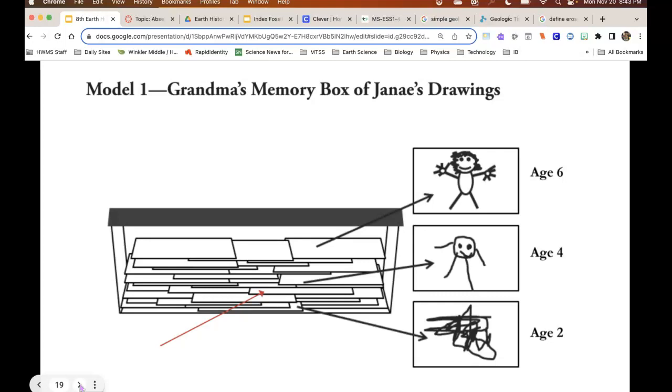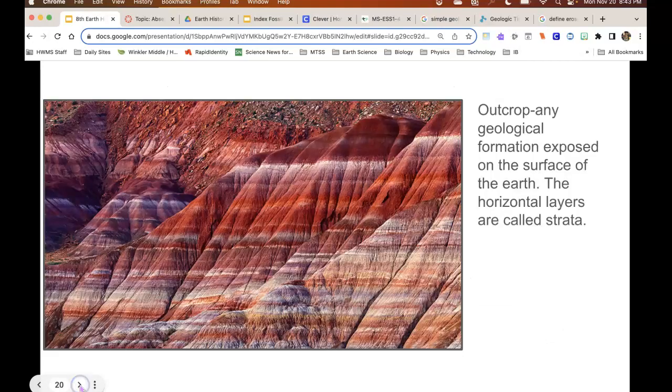Even though we know how old Janelle is, we don't know the exact date of when those drawings were. So that's exactly what we're doing here. We're figuring out what's oldest and what's youngest. We're figuring the approximate date of the fossils by comparing them to index fossils. Since we know the relative date of the index fossil, because that was given to you on the table, we can come up with a pretty good idea of the age of the other fossils.